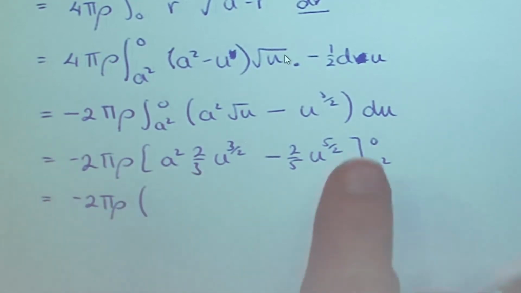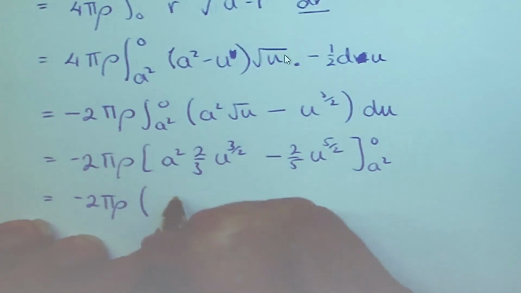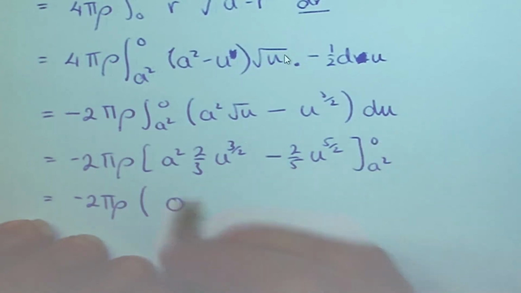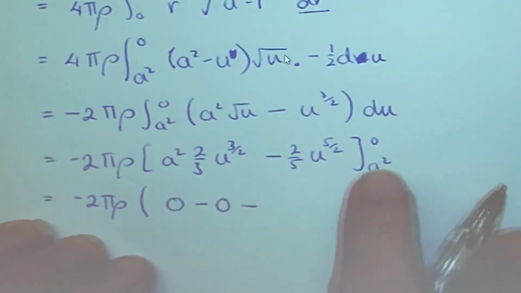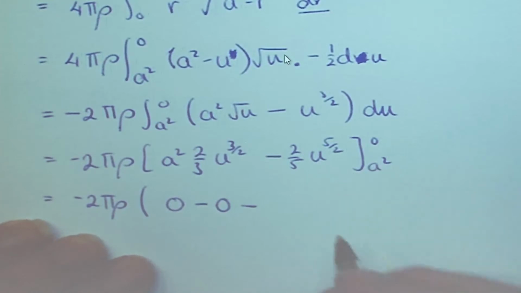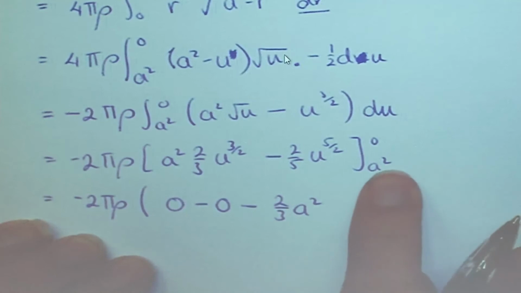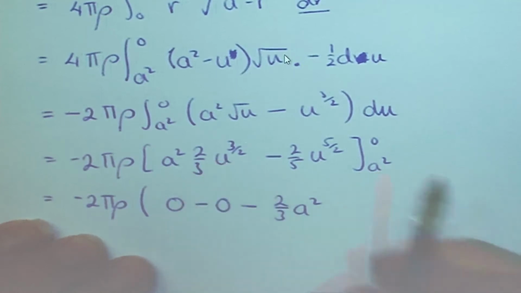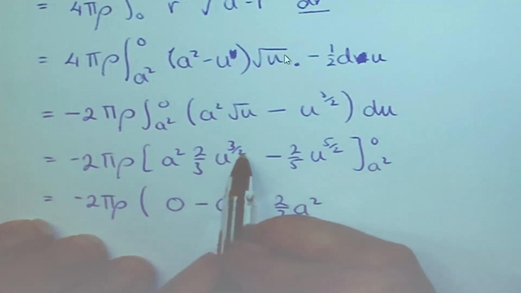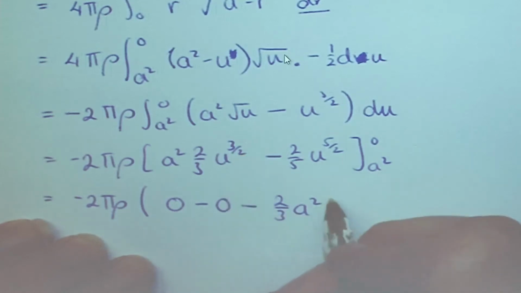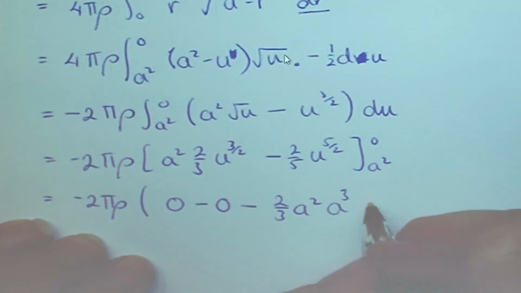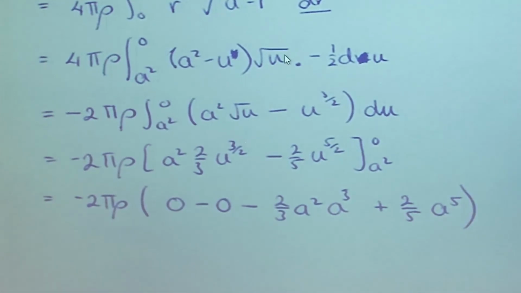Okay, now if we put u is equal to 0 in here, we get 0. U is equal to a squared, pop that in here. This a squared here and this a half here are going to cancel out, and we're going to get a cubed plus 2 over 5 a to the power of 5.